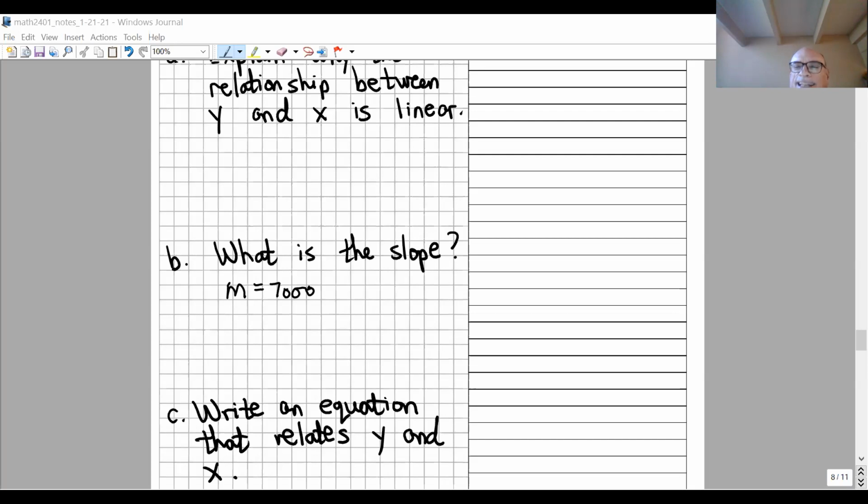I said there's a difference in these two relations, but I didn't go into what the difference was. Well, the difference is that one of these relations is a function and one of them is not. They're both perfectly good relations, but B counts as a function, and A does not.